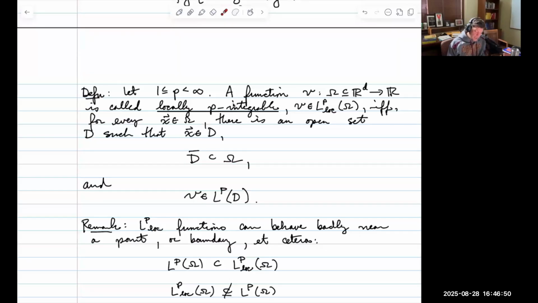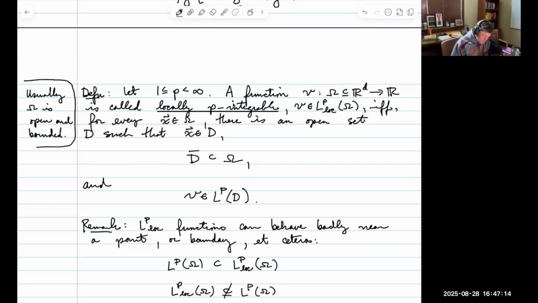So usually omega here is open, I should say that. So usually omega is open and bounded. Okay, so that's the situation we'll be using this mostly, or for which we'll be using this mostly.